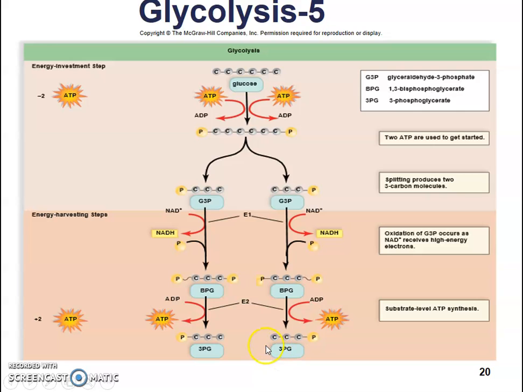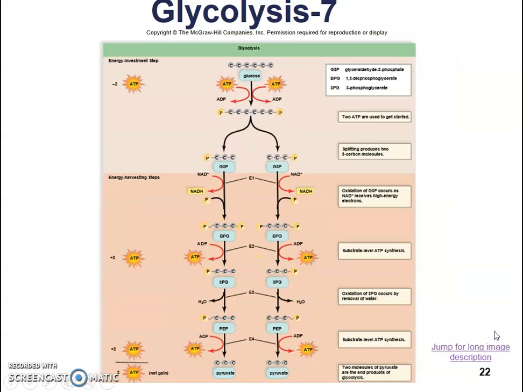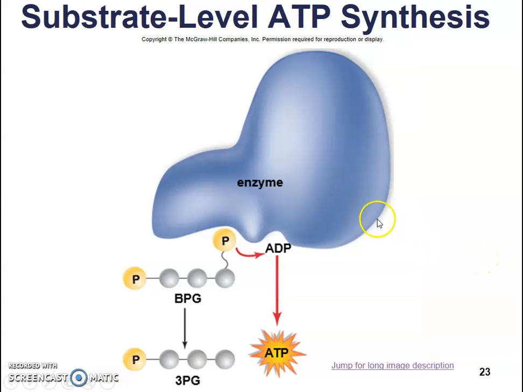And we also end up with a 3-carbon chain with a phosphate at the end. And there we go. We end up with 2 molecules of pyruvate that can then go into the mitochondria. Here is a diagram showing how the enzyme actually puts the phosphate onto the ADP molecule.